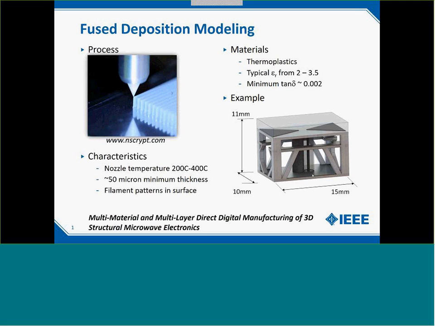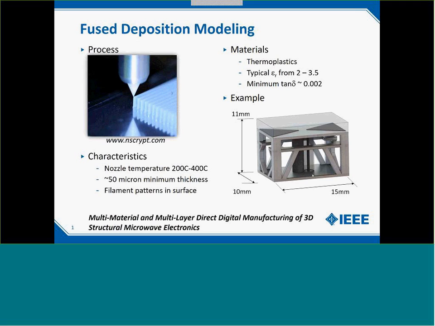Starting with fused deposition modeling, which is also referred to as fused filament fabrication. There's a filament of thermoplastic that is fed through a heated nozzle, which you can see in the figure.